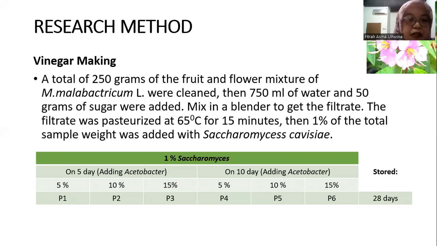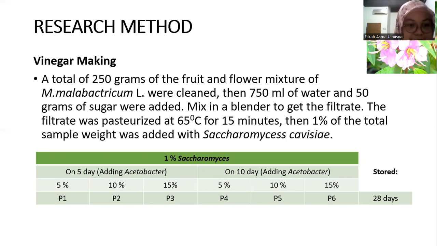Vinegar was made according to the method of Rahmawati with modification. A total of 250 grams of the fruit and flower mixture of melastoma were cleaned, then 750 ml water and 50 grams of sugar were added, mixed in the blender, and then we got the filtrate. The filtrate was pasteurized, and then Saccharomyces cerevisiae was added.